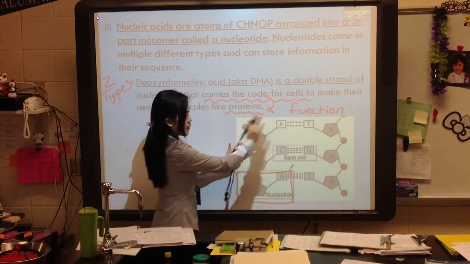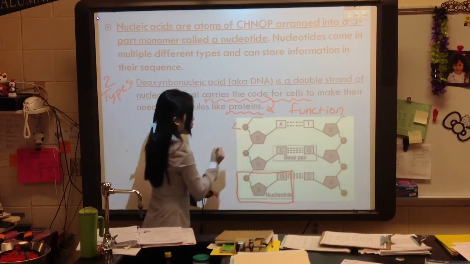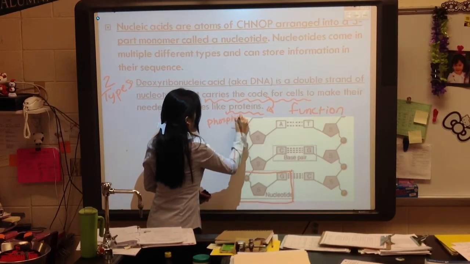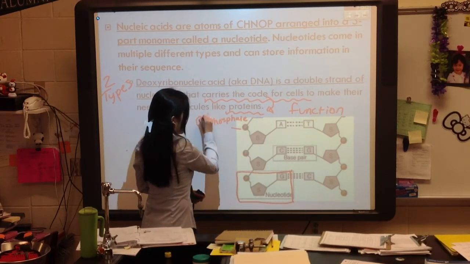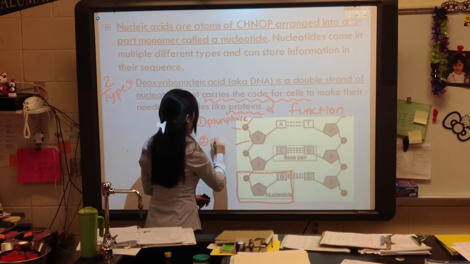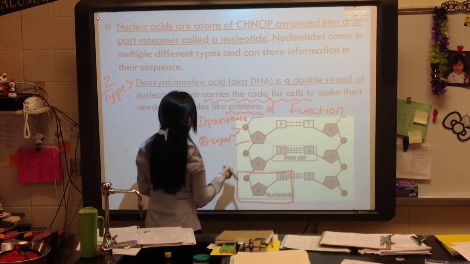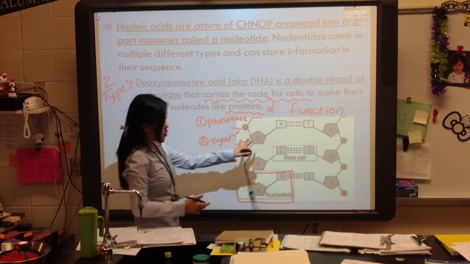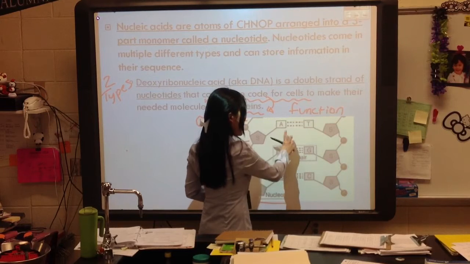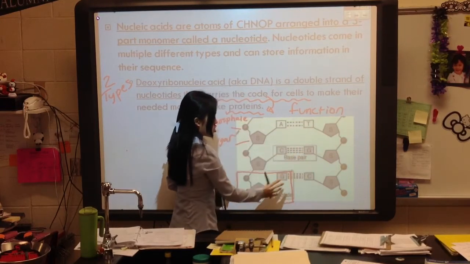So I'm just going to label it in these different sections. The P right here stands for phosphate. That's part one. The second part here is going to be number 2, our sugar. And the third part here looks a little different. There's different letters here: A's, T's, C's, G's.